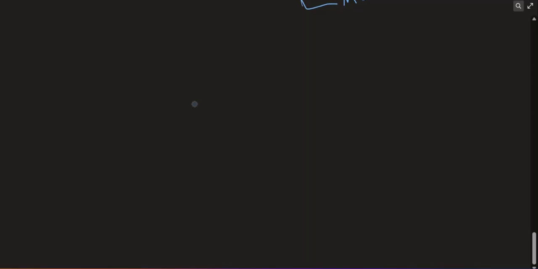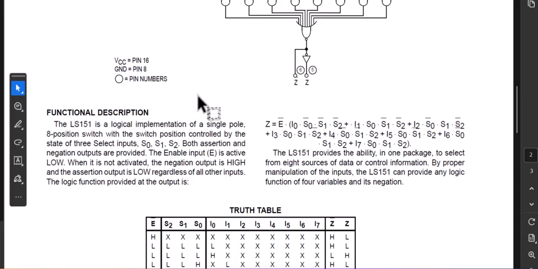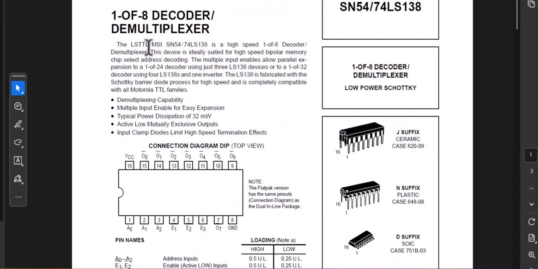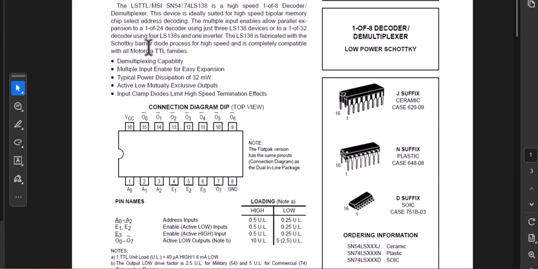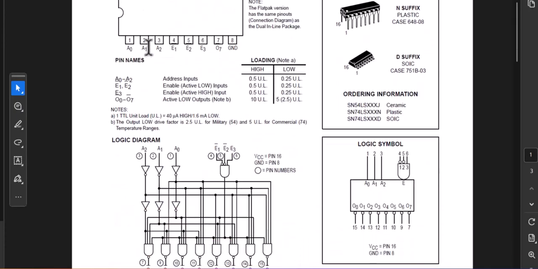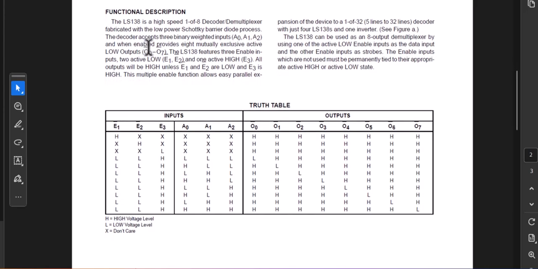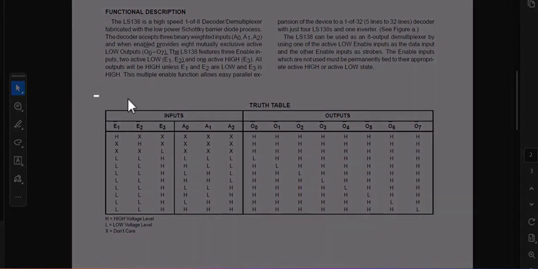All right. So now we're going to talk about the decoder, and the way a decoder works. First of all, the thing to be aware of is that the decoder that y'all have is active low.